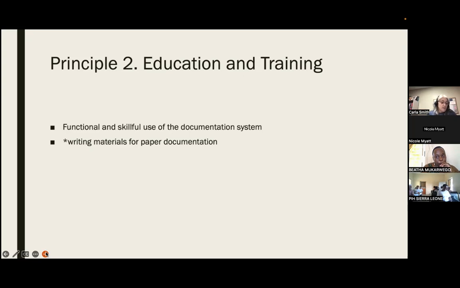We must consider that paper documentation systems require access to adequate writing materials, such as paper and an ink pen. Just as electronic documentation means you need to have access to a computer and receive the education and training on how to use that.